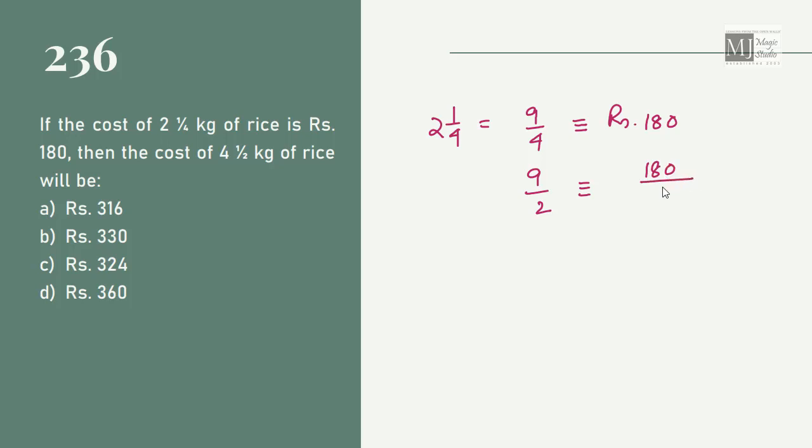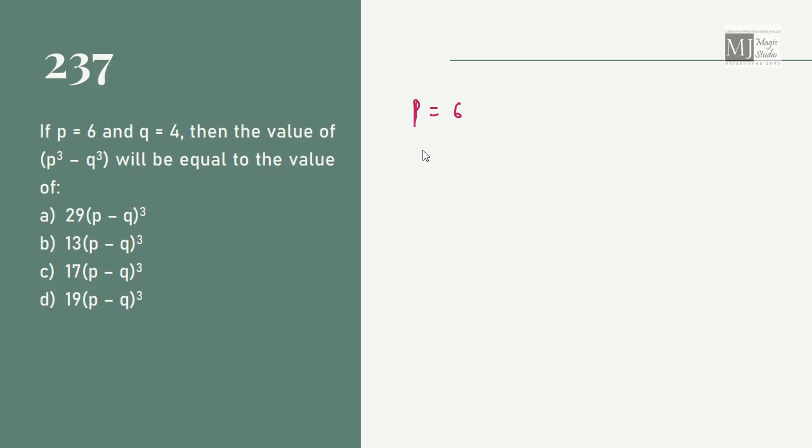Be 180 divided by 9 by 4 into 9 by 2. 180 into 4 by 9 into 9 by 2. If I cancel out, that gives me rupees 360. Option D fits in.